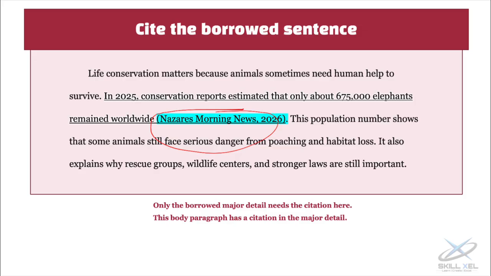Again, when mentioning new facts in the sentence, you will need new citations, followed up with minor details. So like I said here, if you have two major details, meaning you're going to include two pieces of evidence to support one idea, you will need to repeat the citation.